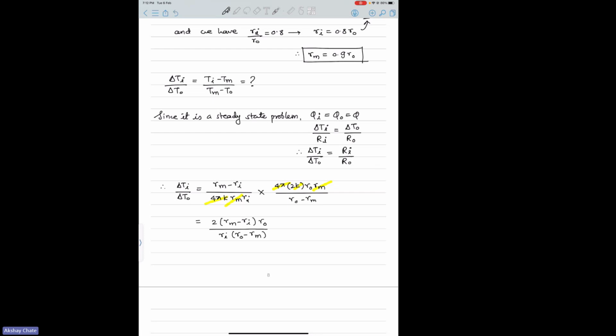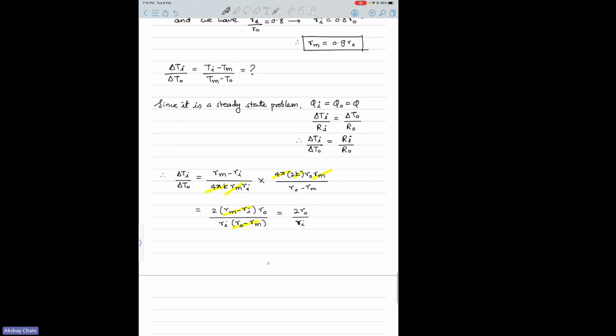Rm minus Ri and Ro minus Rm are the thicknesses of the two layers, so they also go away because they are of equal thickness. So what remains is 2Ro by Ri.